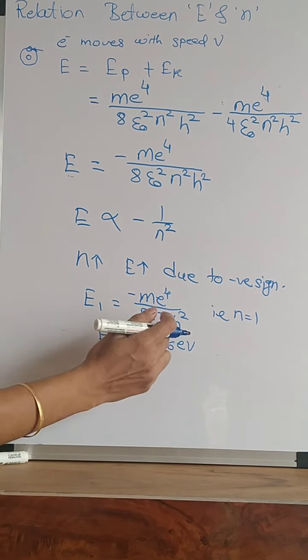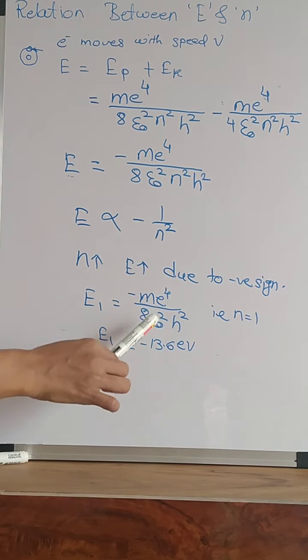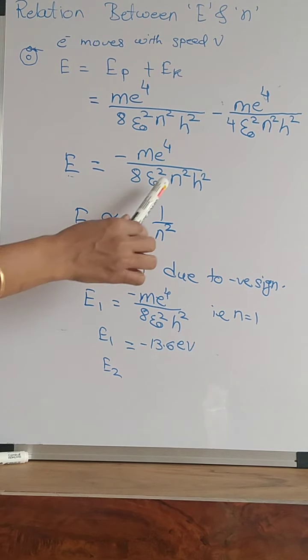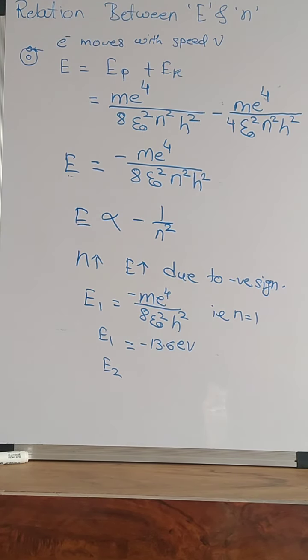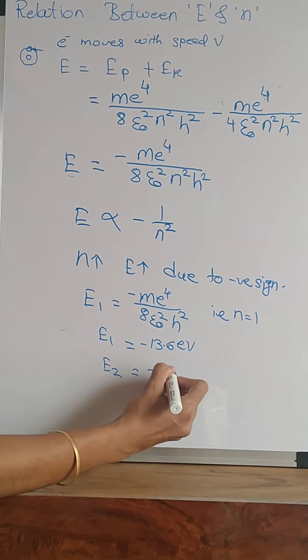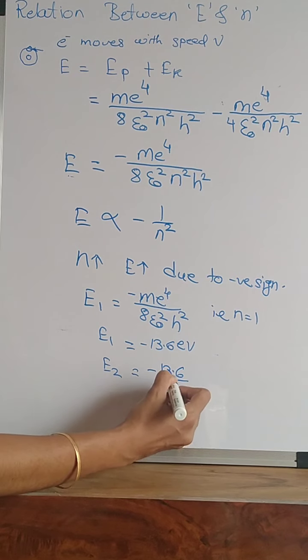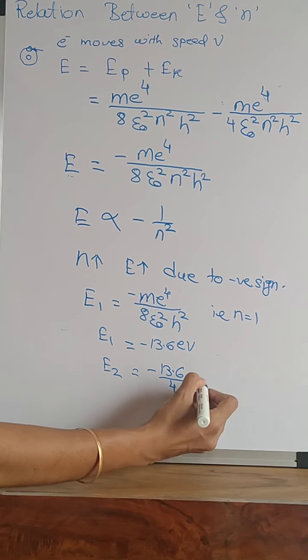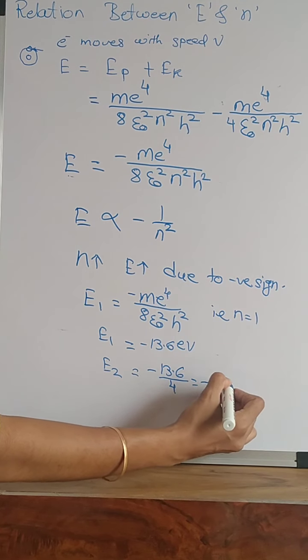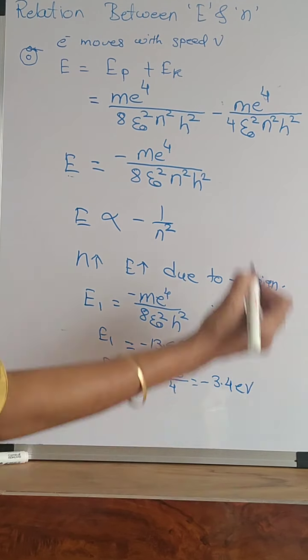E2 will be, instead of 1 we will substitute 4, because my n is 2 and n square will become 4. So I will just write minus 13.6 upon 4 and the value will become minus 3.4 electron volt.